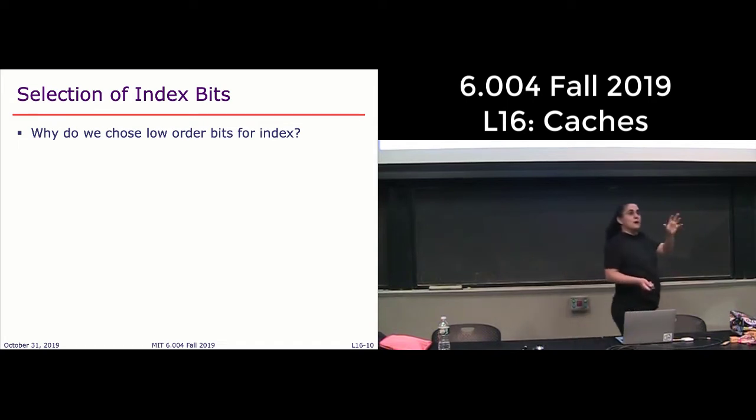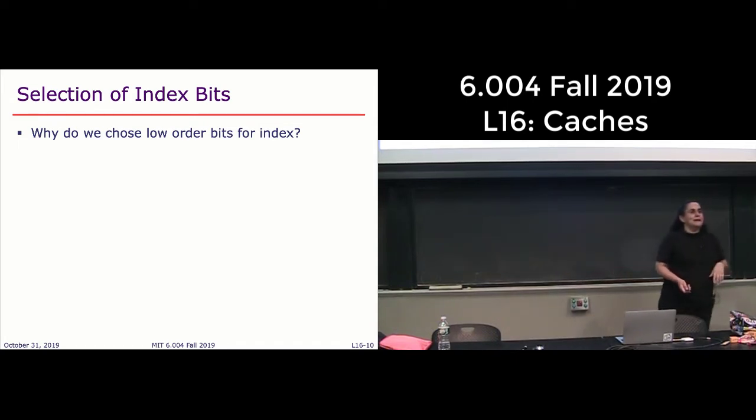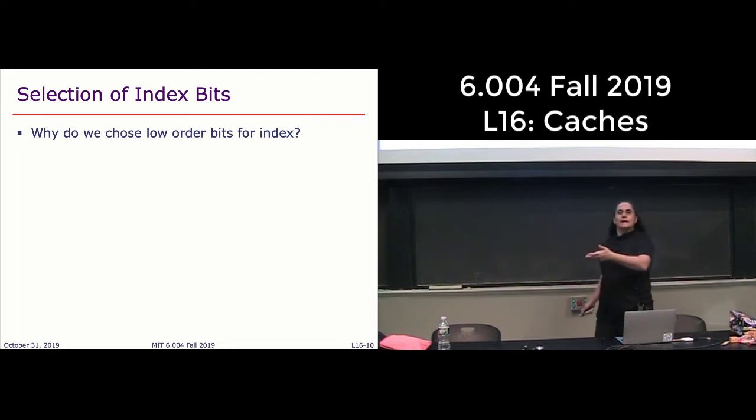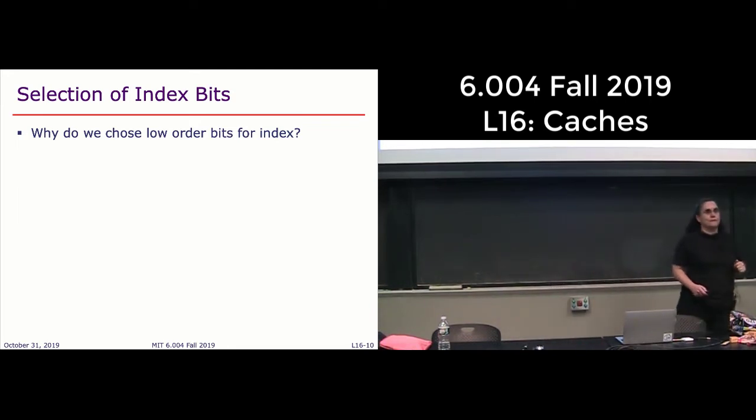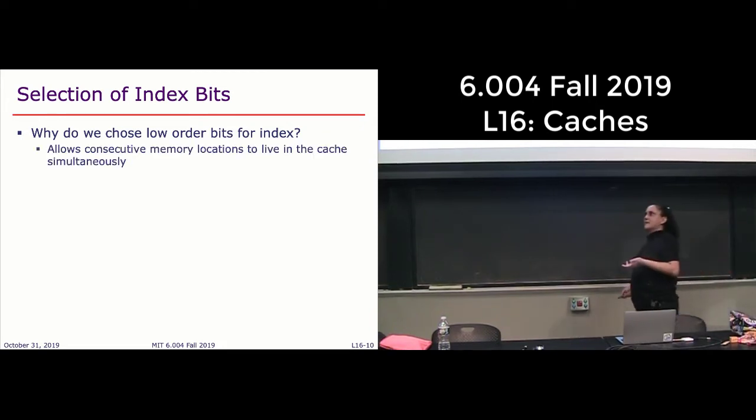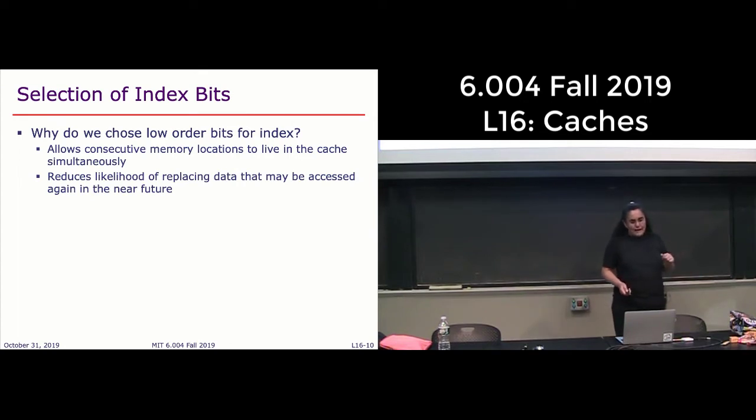So if I use the lower order bits, then address 100 and address 104 are going to map to different indices. Okay? And so this helps us take advantage of the locality that's in our cache, and it does two things. It allows consecutive memory locations to be in the cache at the same time, and it also reduces the likelihood that I'm going to take something out of my cache because I happen to have something else that mapped to the same location.